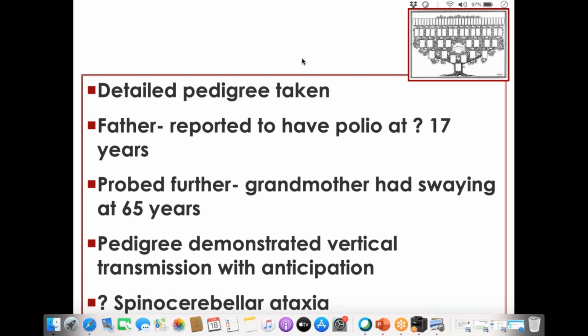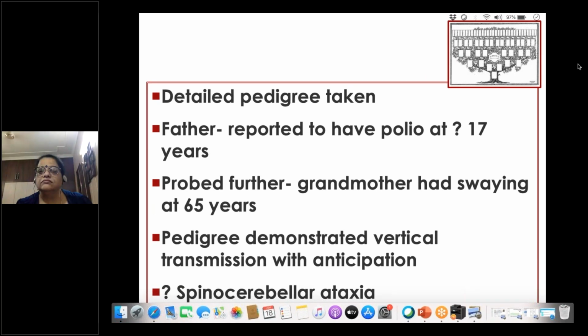Oh, only audio is there. You can't see my screen? Can you see my screen? Please write yes or no. I thought you could see my screen.